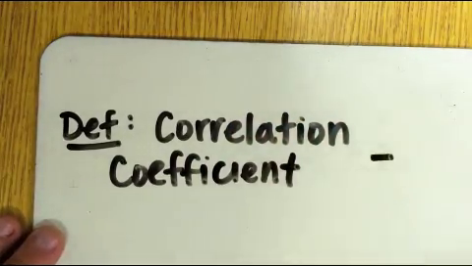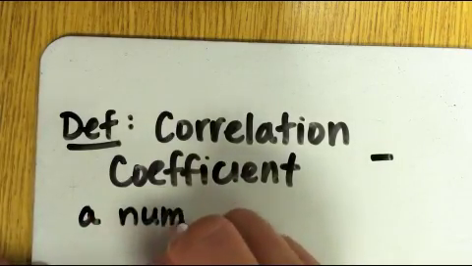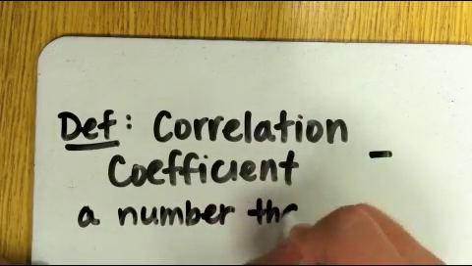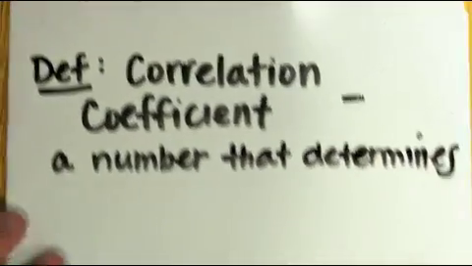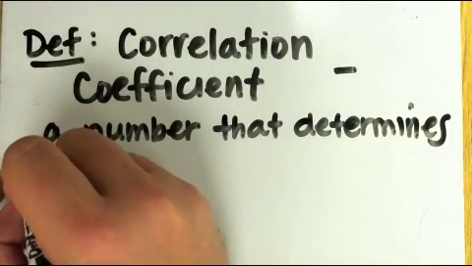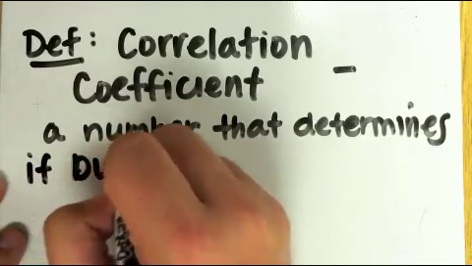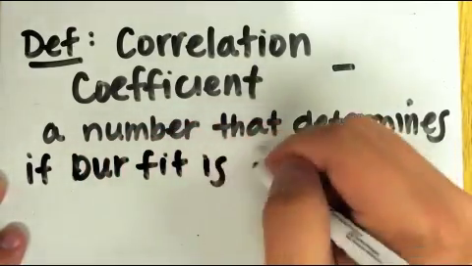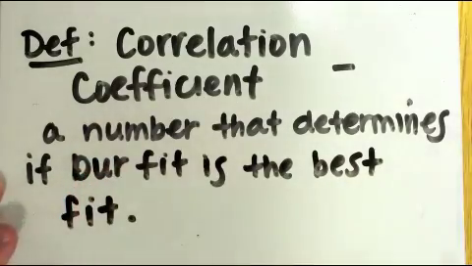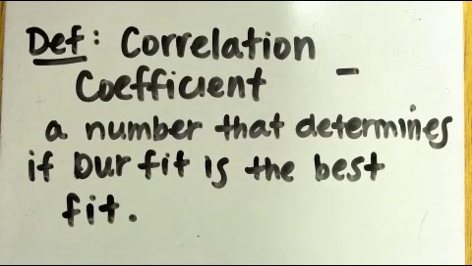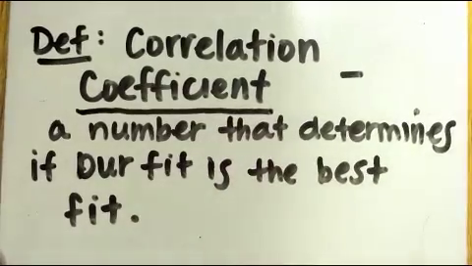All this is, it is a number that determines if our fit is the best fit. What that means is that this is a certain number, guys, that will tell me, by looking at the number, I know that a linear fit is going to be the best fit. Or that number is a dead giveaway that this is going to be an exponential fit.